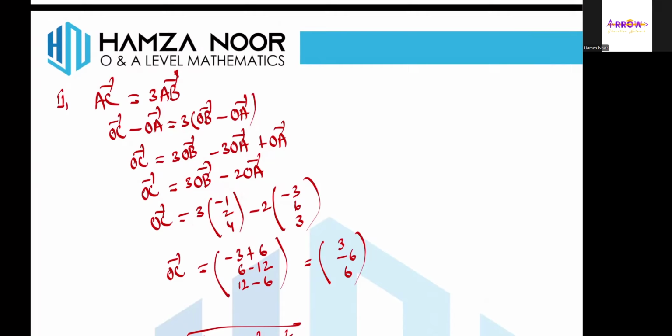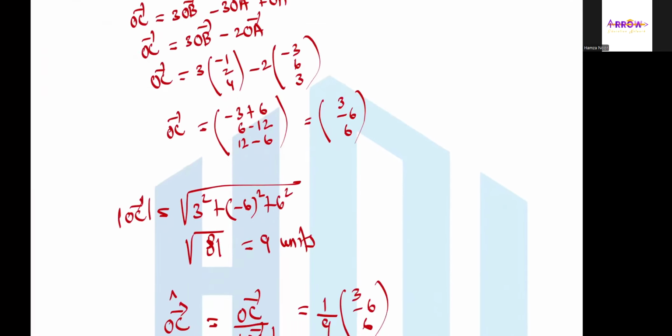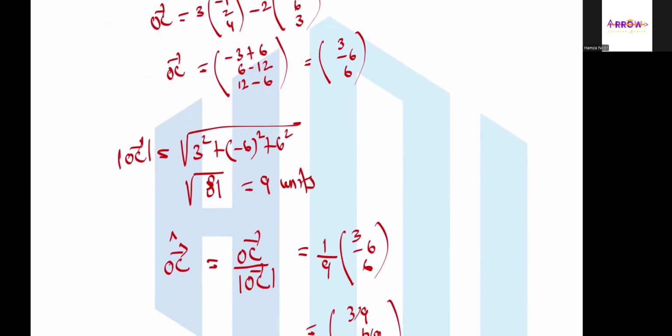So here I'm going to simplify the i, j, and k components respectively. So the i component will be minus 3 plus 6, the j component will be 6 minus 12, and the k component will be 12 minus 6. So the OC vector is 3, minus 6, 6, or you can say 3i minus 6j plus 6k.